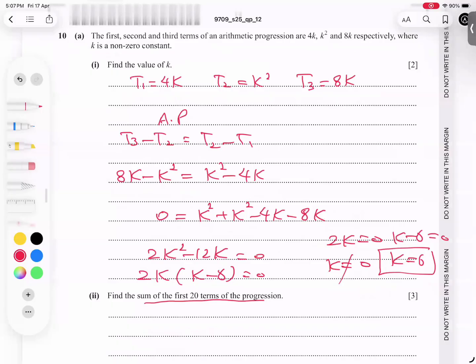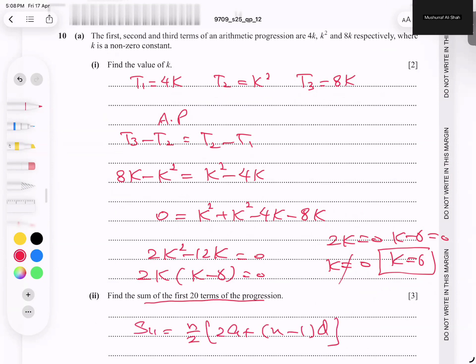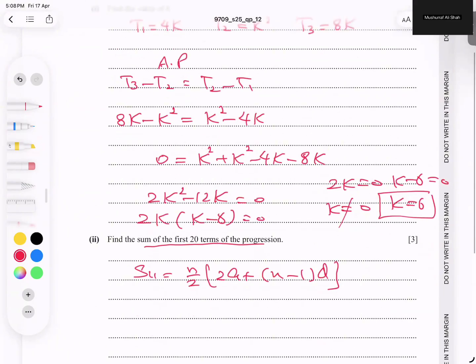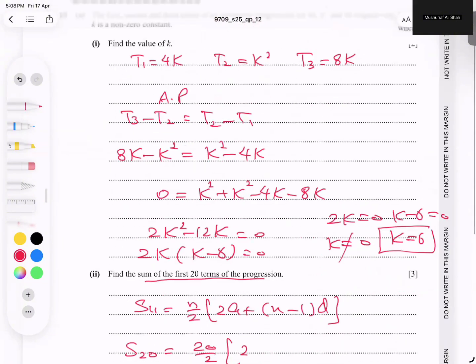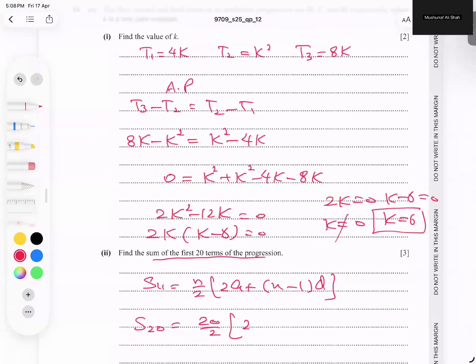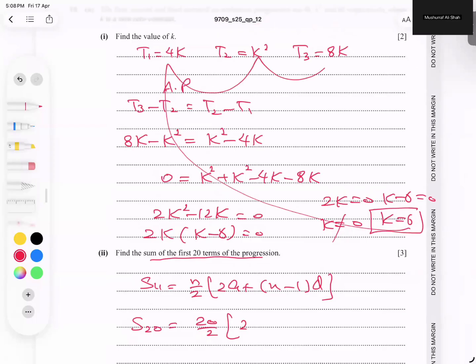We have Sn equals n divided by 2 into 2a plus n minus 1 into d. I'm replacing all values: for 20 terms, replace n by 20, and the first term is a, 4K. But before I plug in, the best way is to plug this value of K back into the equation.